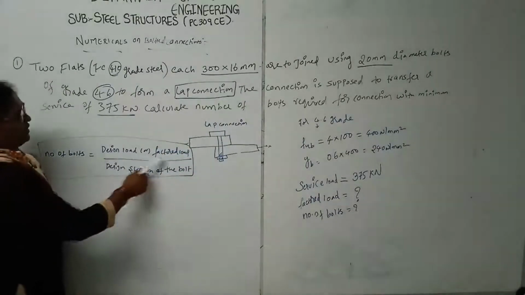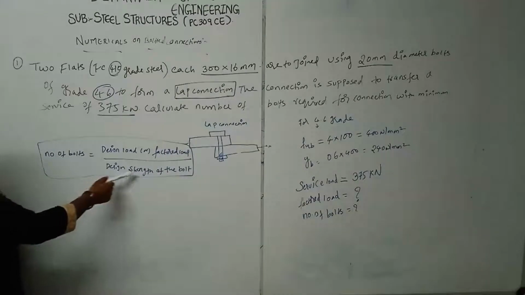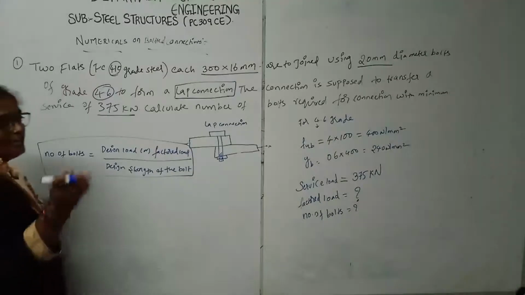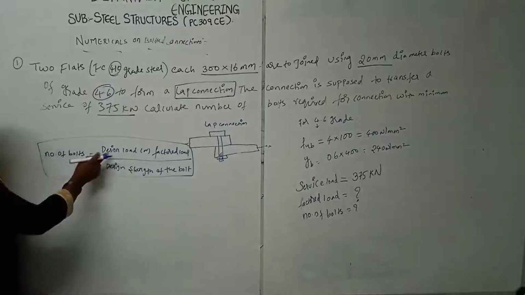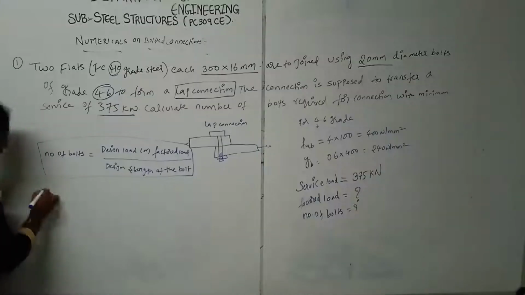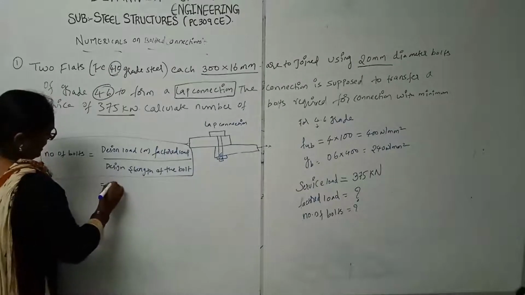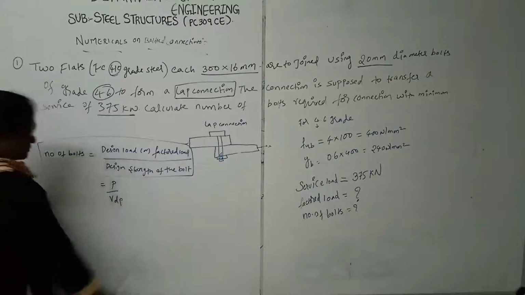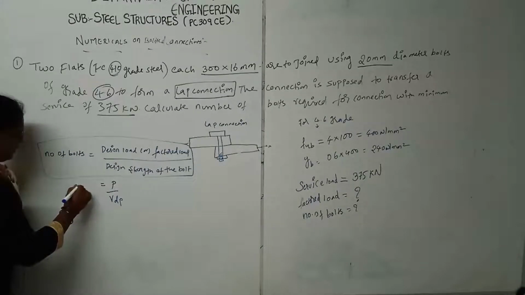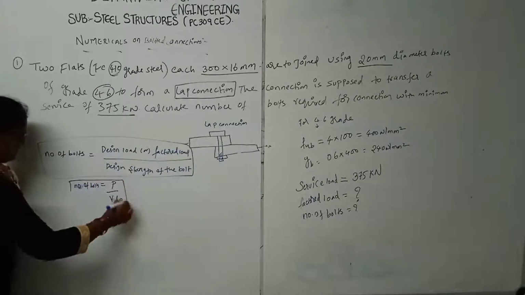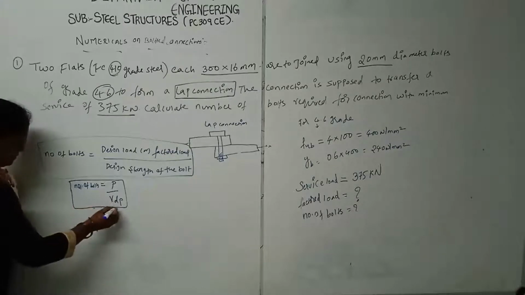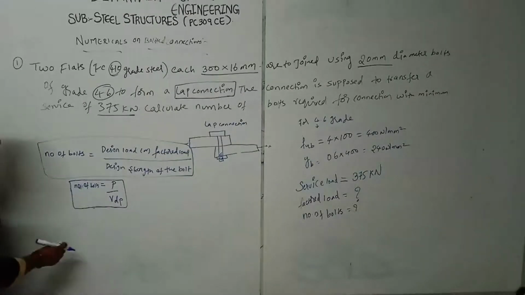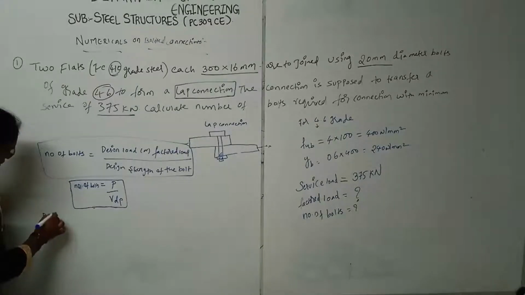Here the design strength of the bolt, from shearing, bearing and tension, the least value will be the design strength of the bolt. The design load or factored load is taken as P, divided by the number of bolts.